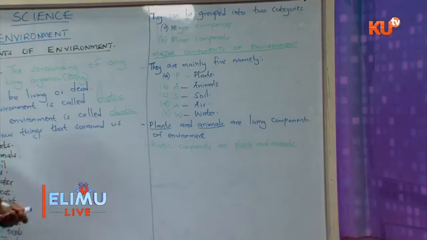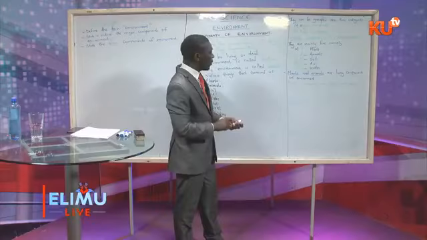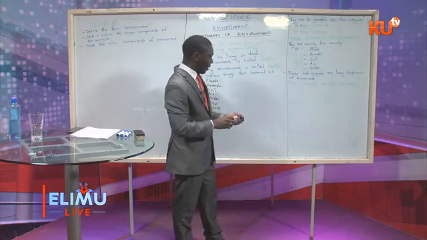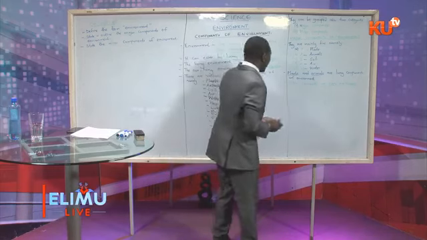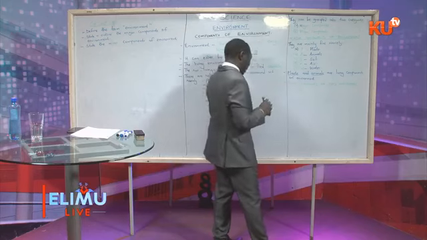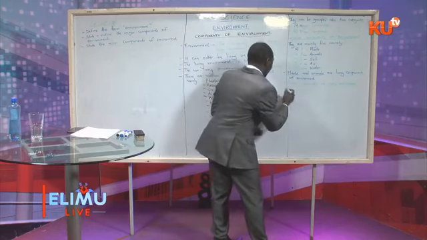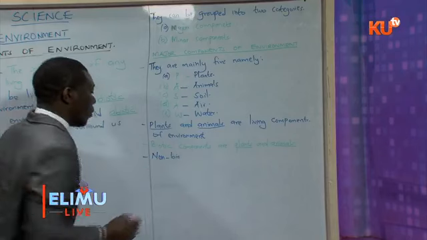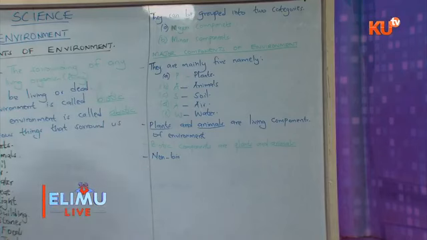So when we look at these five major components of environment, we have only two that are abiotic. It means the non-biotic components of environment, or we call them, let me just use the word abiotic.